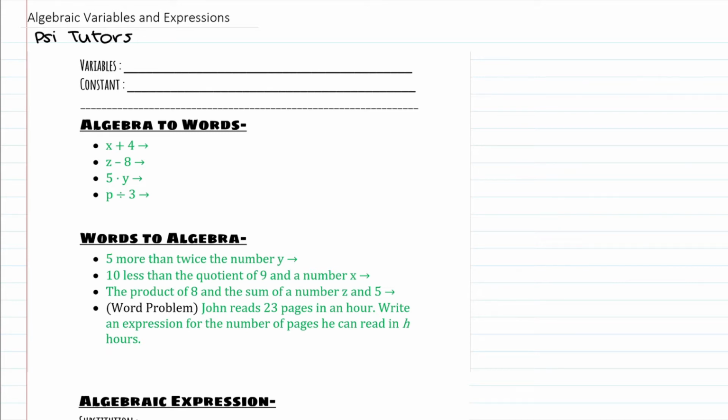A variable is a symbol, usually a letter, used to represent a value that can change.